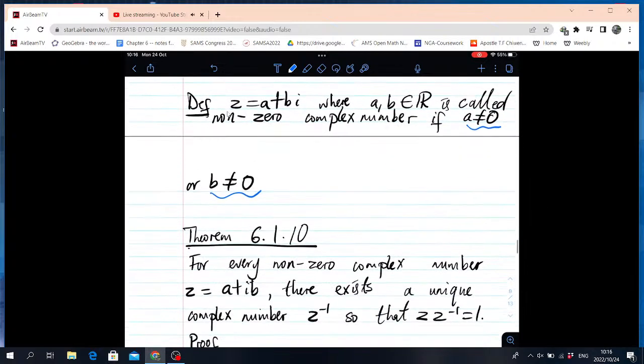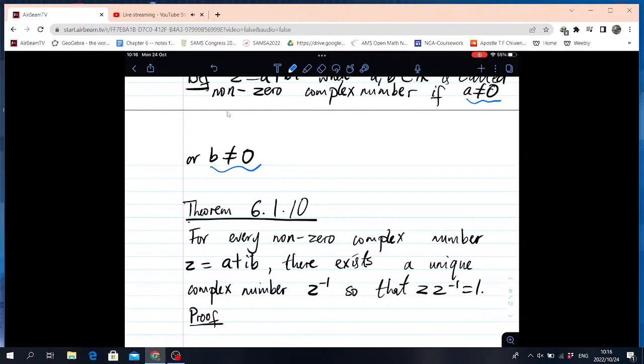As I mentioned, for us to find the inverse of a complex number, we want the complex number to be non-zero. And so this leads us to theorem 6.1.10, which tells us that for any non-zero complex number, the inverse exists. And here when we say the inverse, we are talking about the multiplicative inverse.